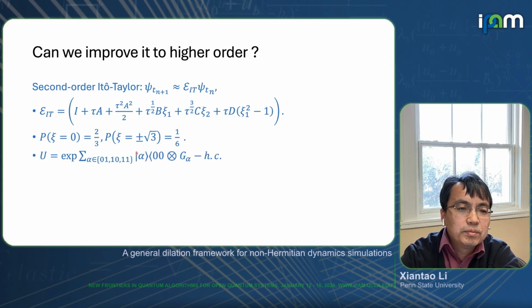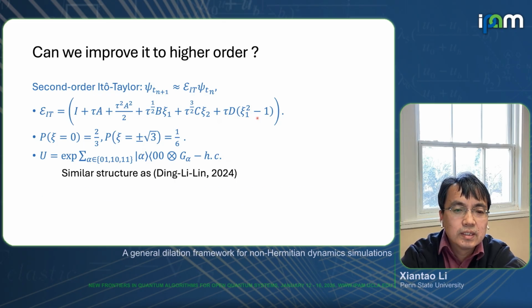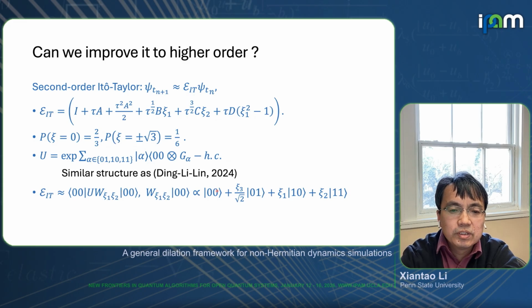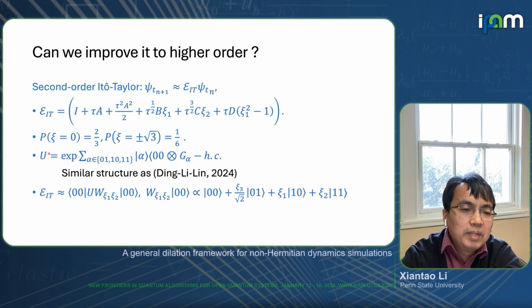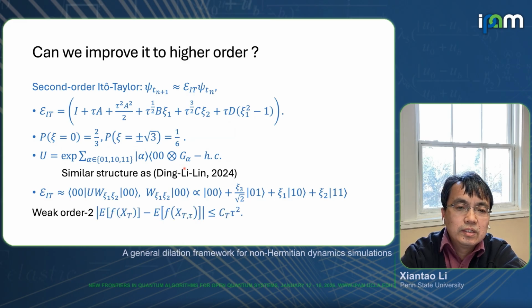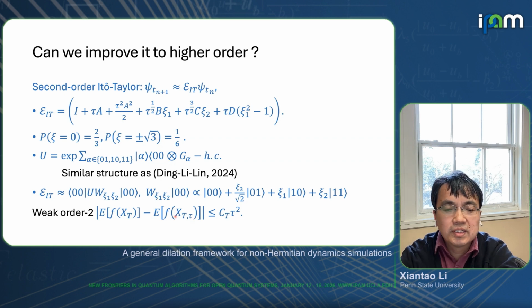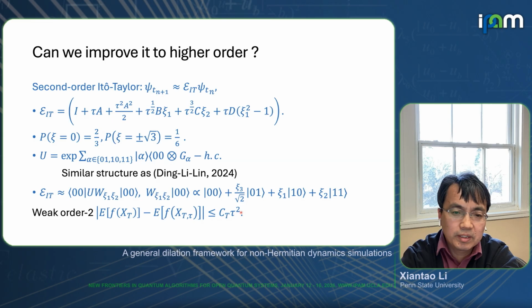And then you build this dilated Hamiltonian here, and this alpha is trying to connect these 3 random variables. And this W here, applying to the ancilla, realizes these random variables. And the matrix here is very similar to what we wrote in our previous paper with Len. In general, these methods are second order in the sense that the statistics or expectations have an error that scales like the step size squared.